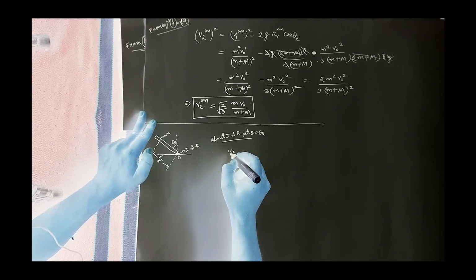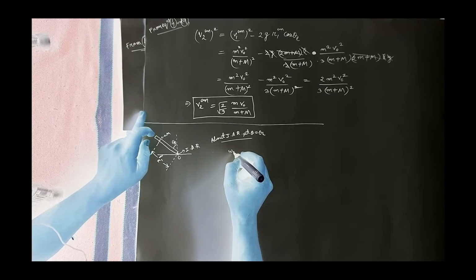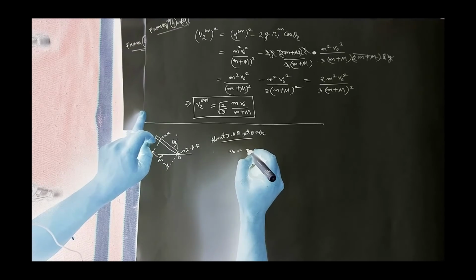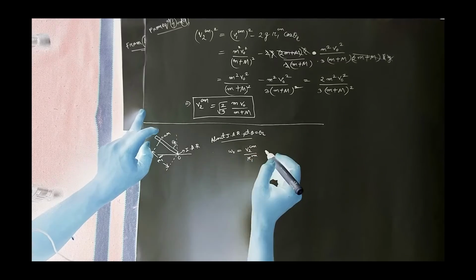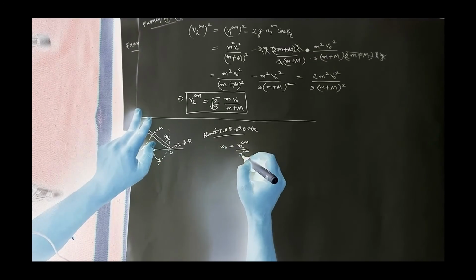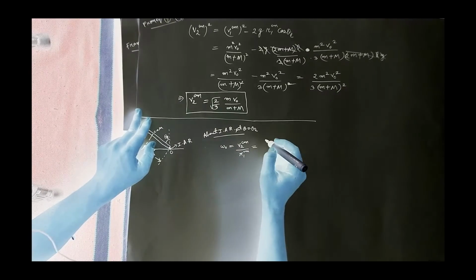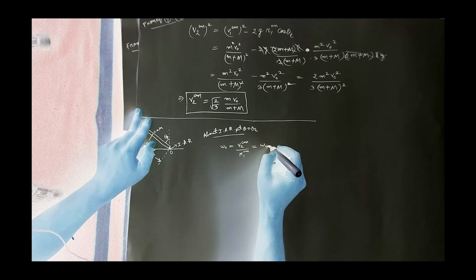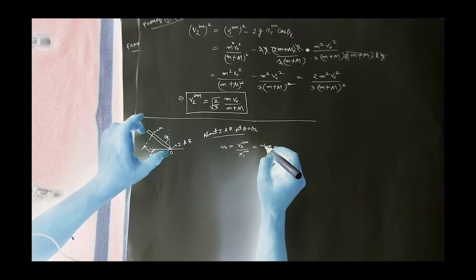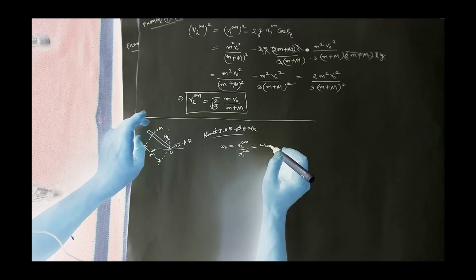Omega about O, that is the omega of the rod plus bullet system about O, is equal to, we know omega is equal to v2 cm, the velocity at the time of leaving, divided by r cm, that is r1 cm. Omega naught is equal to v2 cm by r1 cm, and this value is going to be equal to omega cm, that is the angular velocity with which the whole system is going to rotate about its center of mass.